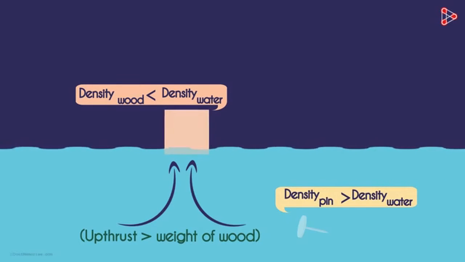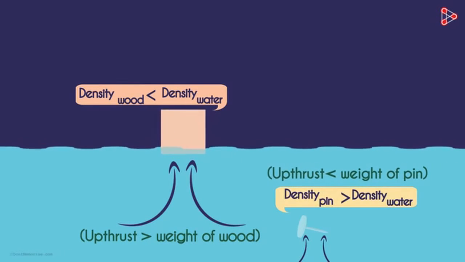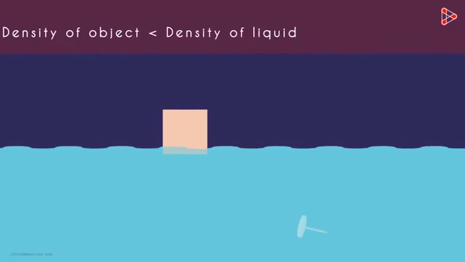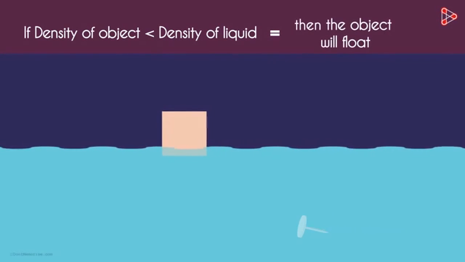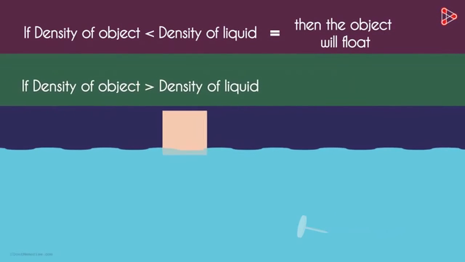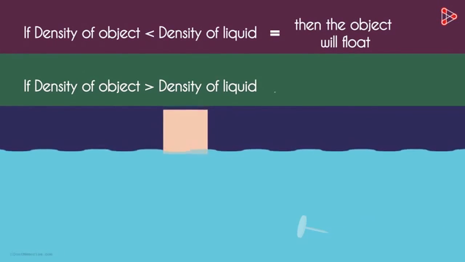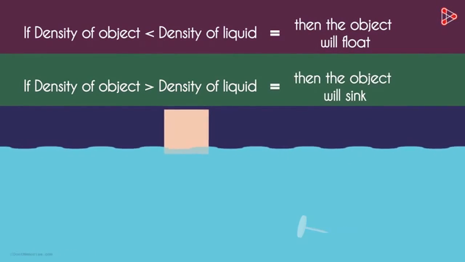Though it looks tiny, there's more mass per unit volume within it as compared to water. Hence, the upthrust of water on the pin is less than the weight of the pin. So what can we conclude? If the density of an object is lesser than the density of the liquid, then it will float. And if the density of an object is more than the density of the liquid, then it will sink.